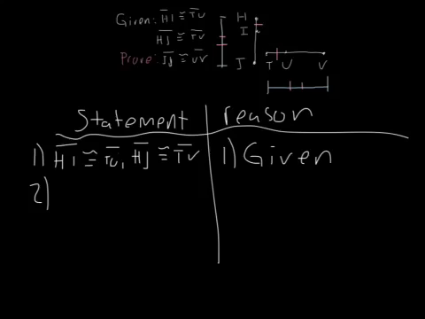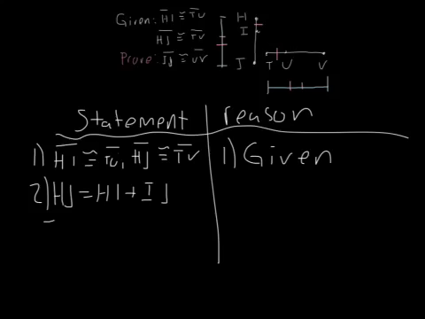So I can say that the big piece, this HJ, is going to equal the two small pieces added. That's HI plus IJ. And then I can take the same thing for my other one. I know that this big piece TV is equal to the small pieces added together.